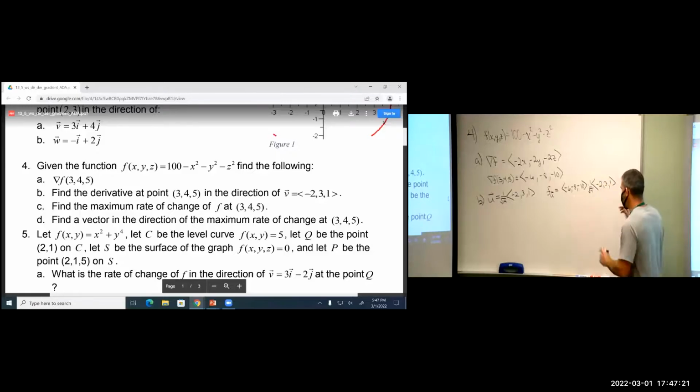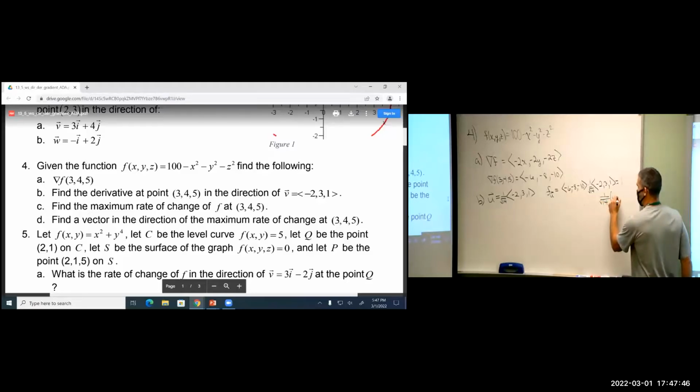The 1/rad14, you can keep it in there, you can put it along the components. Again, our final answer is going to be a scalar. 1/rad14, and then remember dot product, just multiply corresponding components.